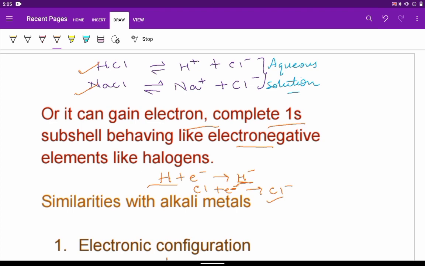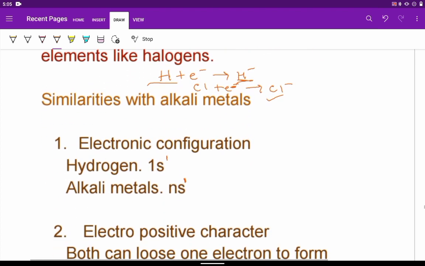Now we can list out the similarities of hydrogen with alkali metals. There are certain respects in which it resembles alkali metals, like in its electronic configuration. Hydrogen has one electron only, so its electronic configuration can be represented as 1s1. The alkali metals are present in the first group.